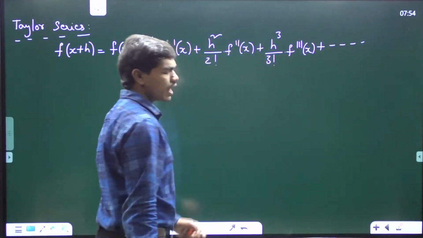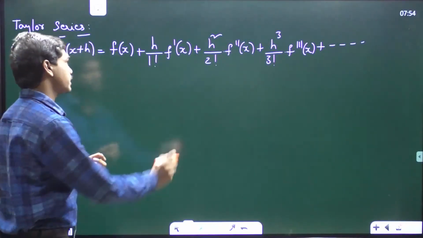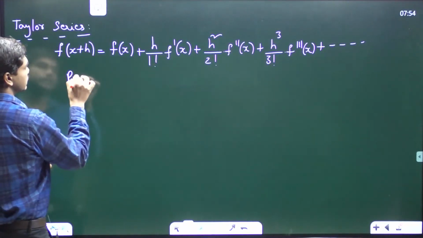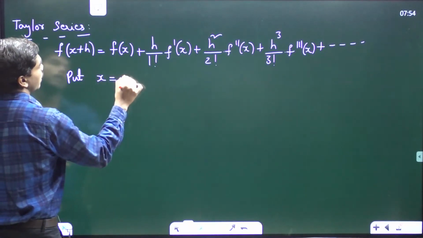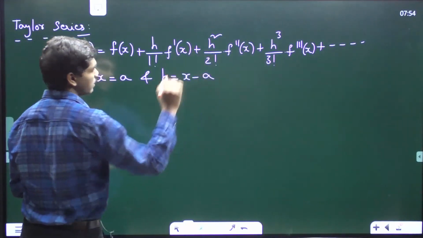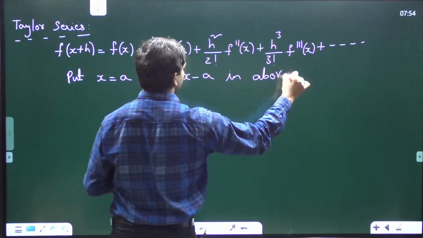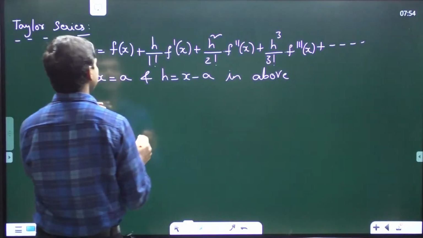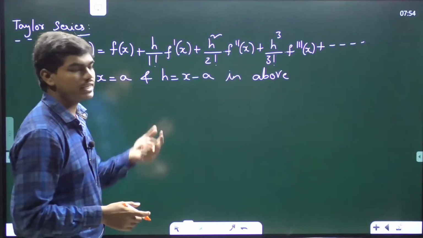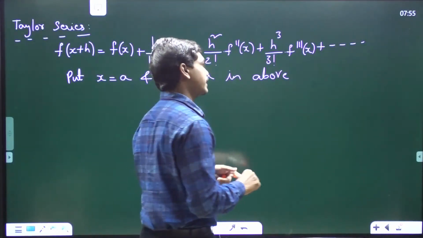Now if you replace x and h with some particular values, then we could get something. See here, put x is equal to a and h is equal to x minus a in the above equation. If you see, this is an equation of f of x plus h. So if you replace x by a and h by x minus a in this equation, let us try to see the new form of this Taylor series.